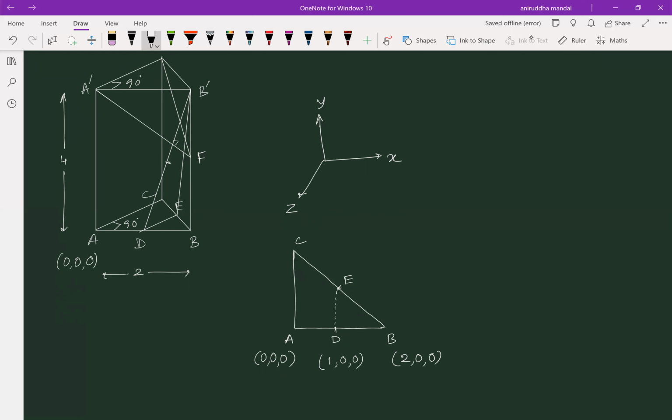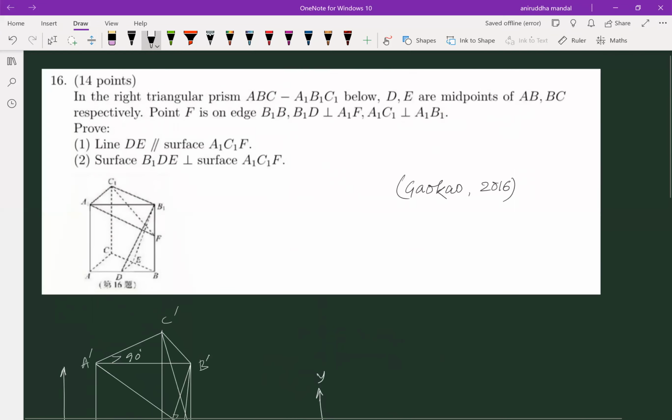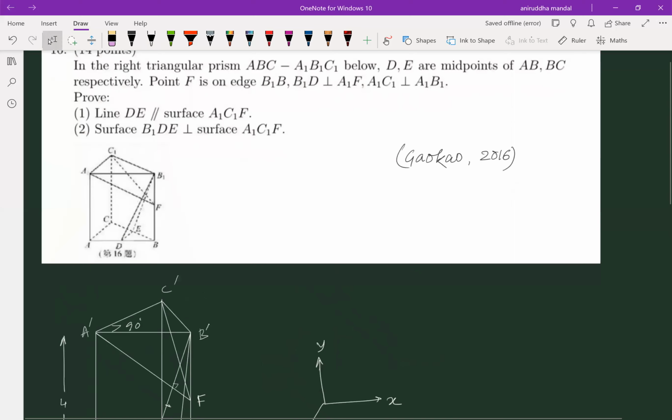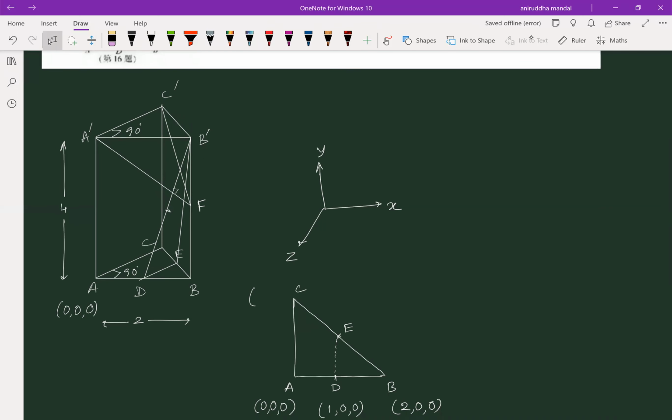So this base C is 0, 0, and 2 units along the negative direction, so minus 2.